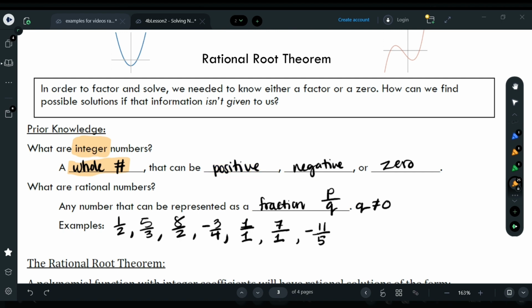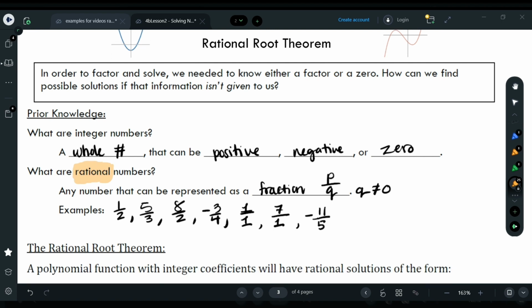Okay, the next type of numbers here, rational numbers. What is a rational number? Tells us here, a rational number is any number that can be represented as a fraction like this. So number on the top, number on the bottom. Here we're using P and Q to represent the numerator and the denominator.